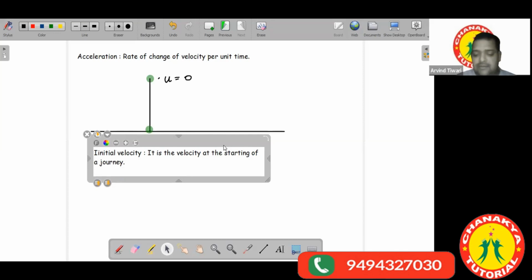Then we have another term, the final velocity. Final velocity is the velocity at the end of a journey.